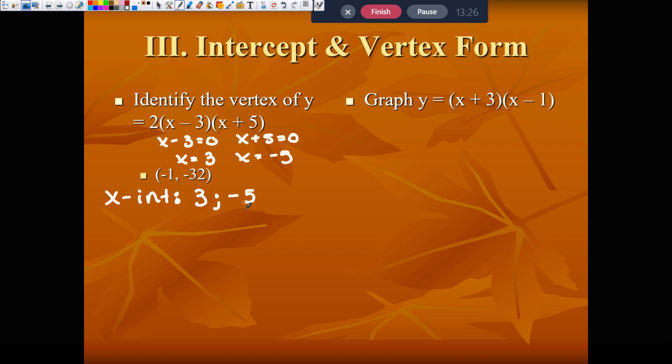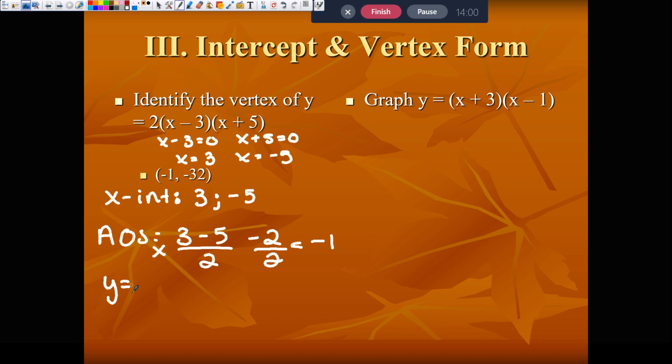From there, I can find my axis of symmetry that's halfway in between these two. So I'm going to have 3 minus 5 over 2. We're going to divide it in half. So 3 minus 5 is -2 over 2. So my axis of symmetry is x equals -1. Then I'm going to substitute -1 into my equation to find the y.